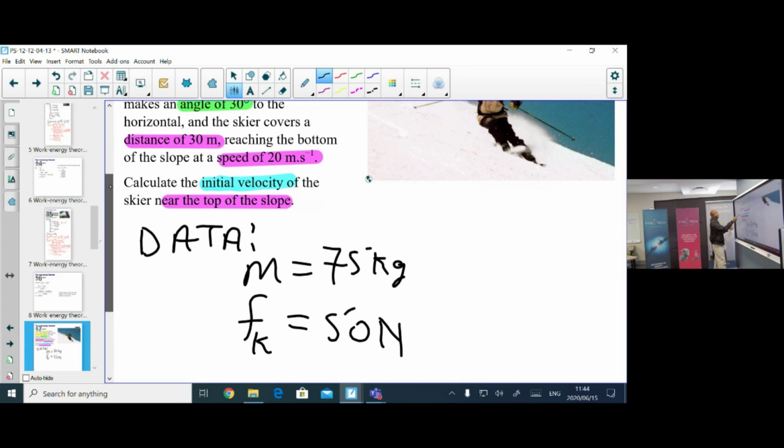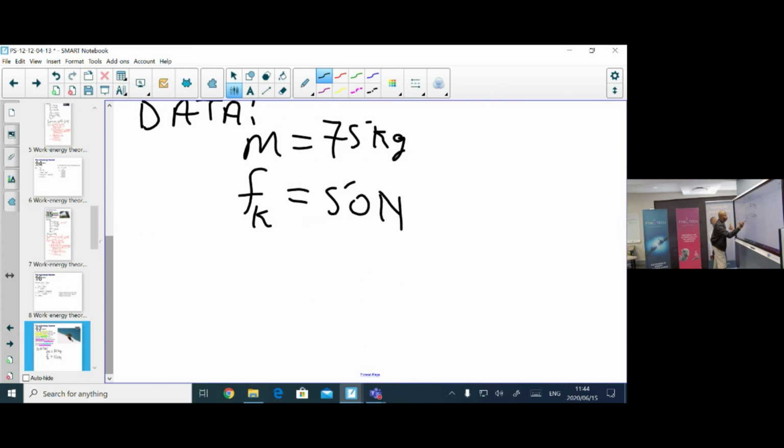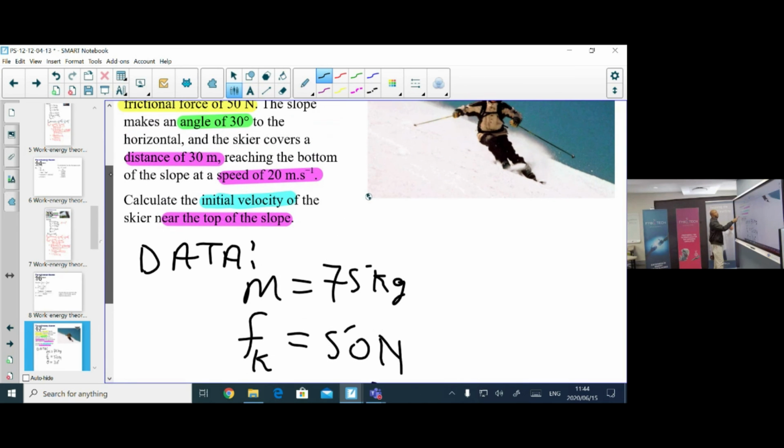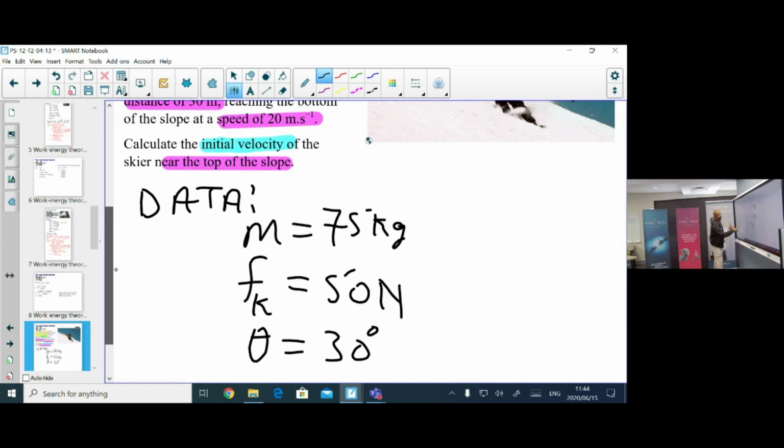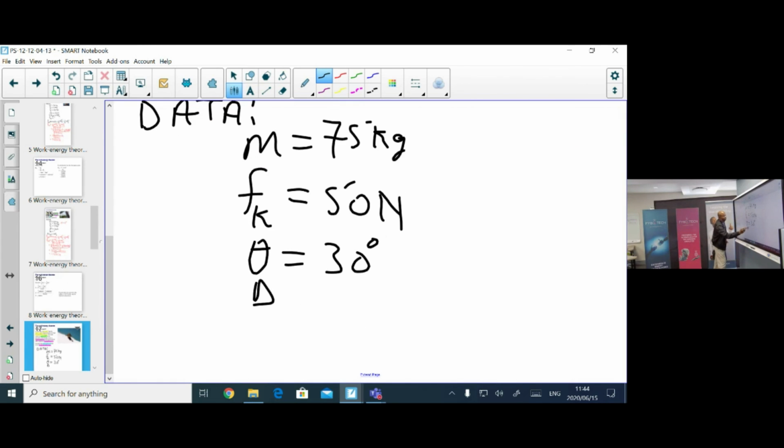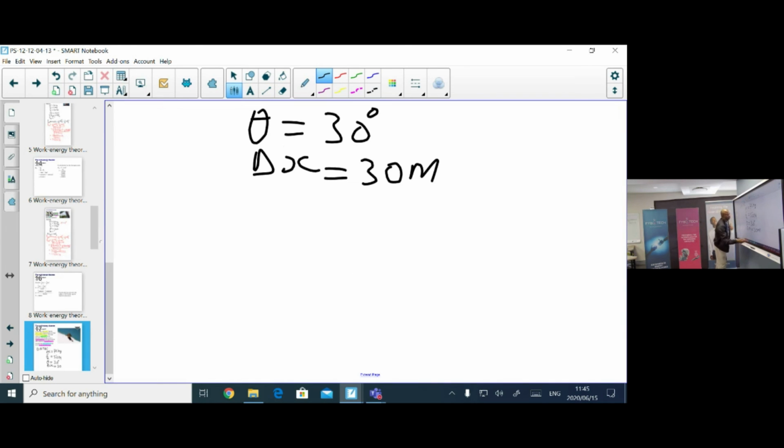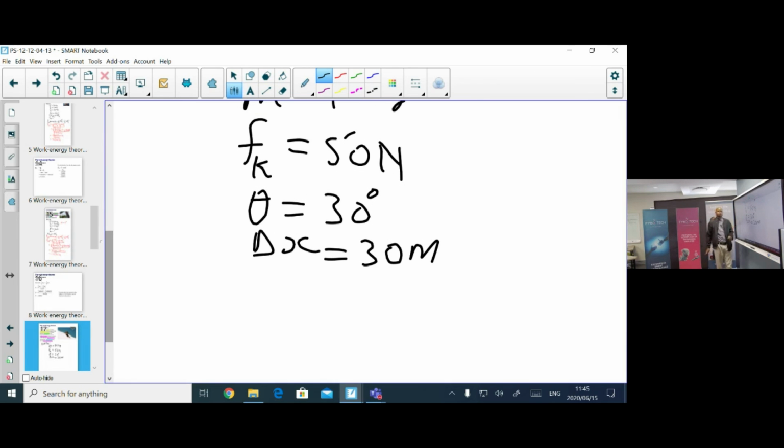And what else is given? We have theta, which is equal to 30 degrees. And then the distance, change in x is equal to 30 meters. All the time, make sure that you write the units as well while you are busy taking the information, so that you're not going to have some confusion.